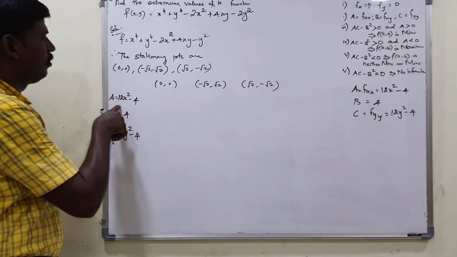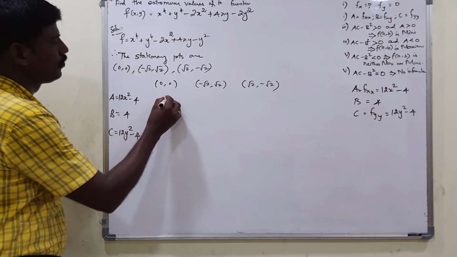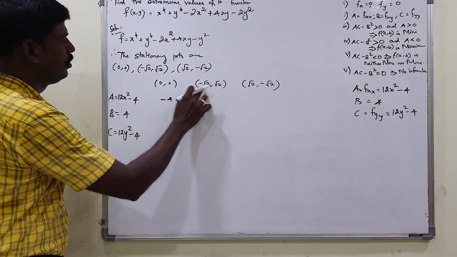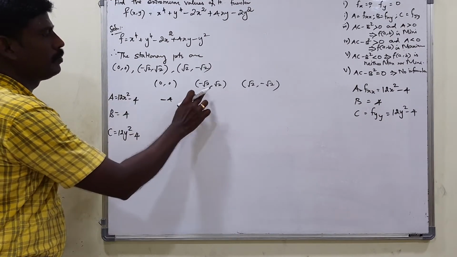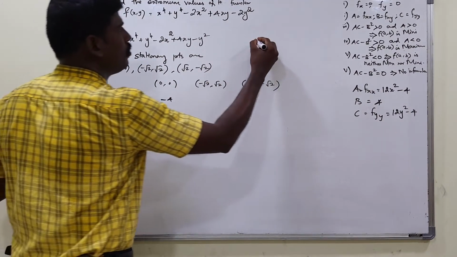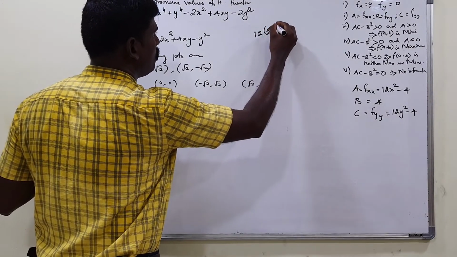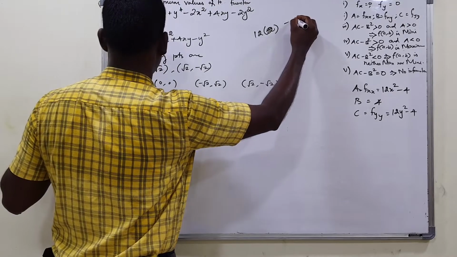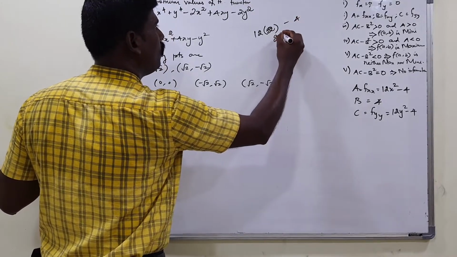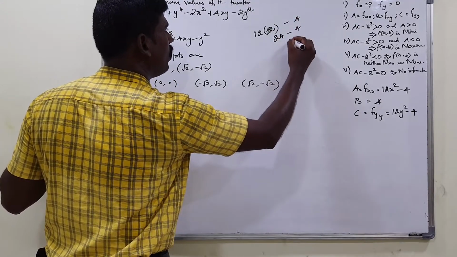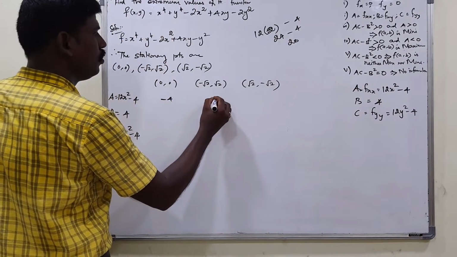Substitute this point here. What you will get? A is minus 4, isn't it? Substitute this point here. x is minus root 2. So minus root 2 square, isn't it? 12 into minus root 2 square becomes 12 into 2, isn't it? Minus 4. So 24 minus 4, it is 20. Okay, so it is 20.